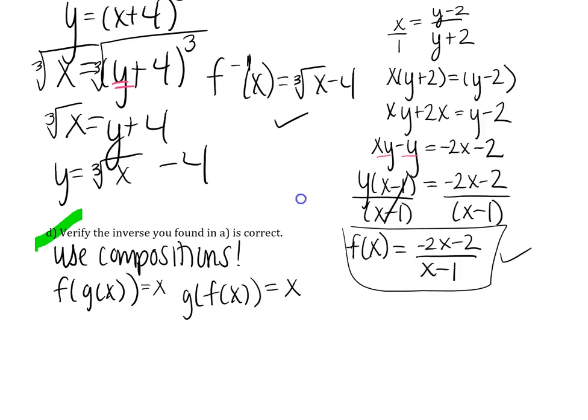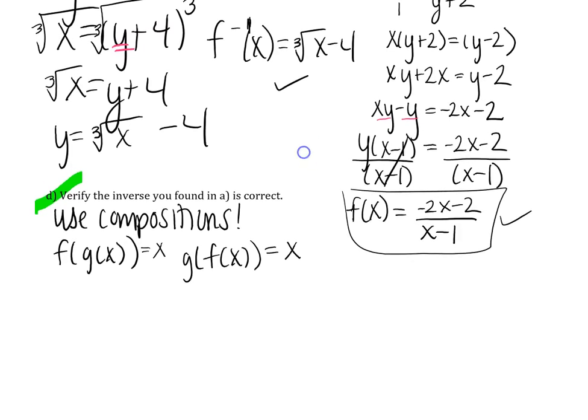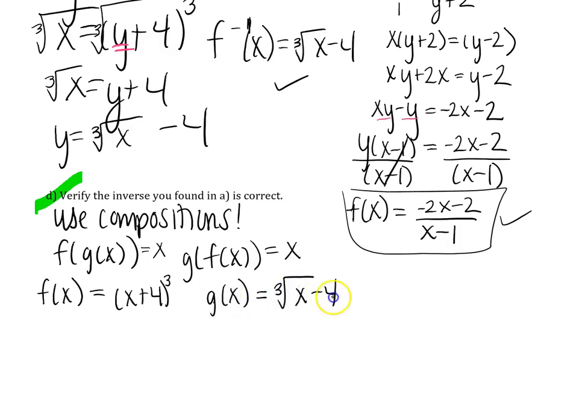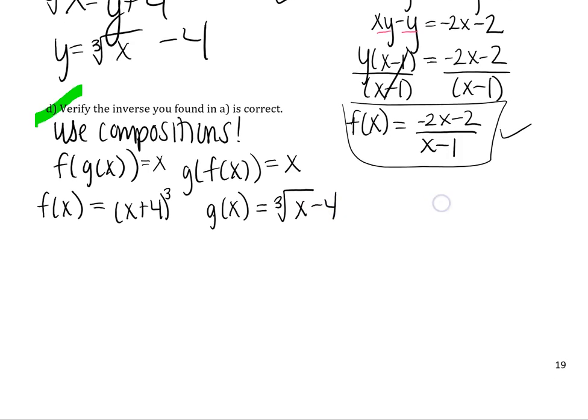So from part A, let's call the original function f of x. So it was (x plus 4) cubed. g of x I'll use as my inverse, so that was the cube root of x minus 4. Let's first do f of g of x.